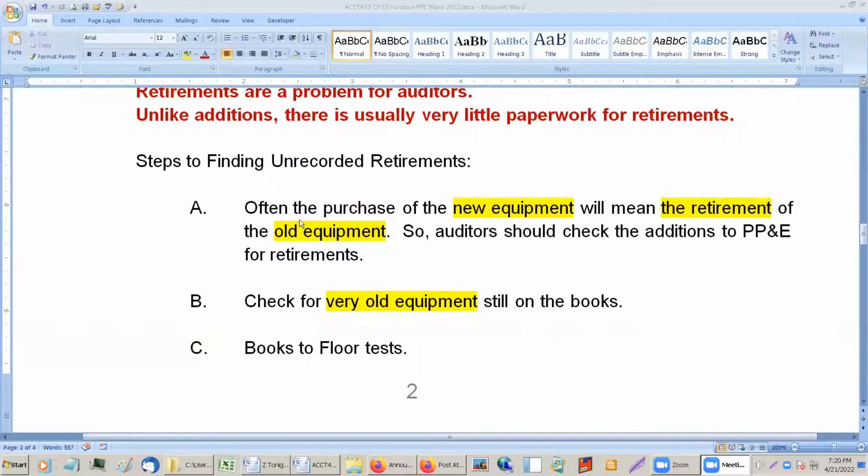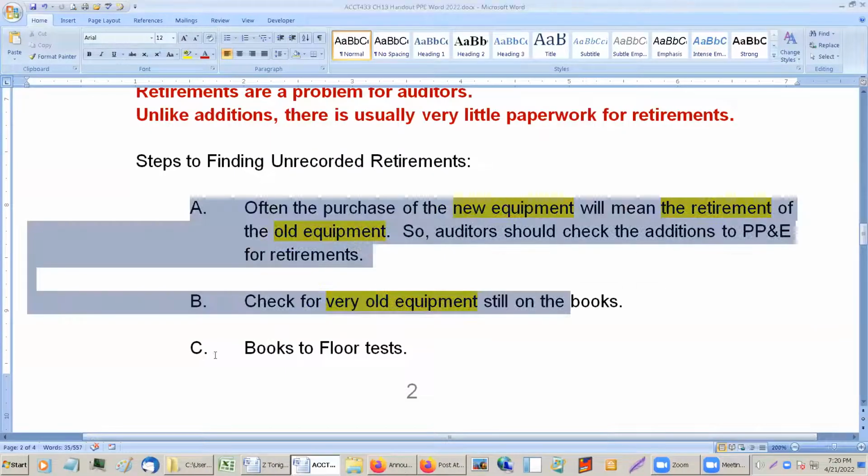So you get 15 tag numbers, go on the floor and try to find them, and if you can't, you ask somebody to help you find them. If you can't find them anywhere, it's probably that they're gone. So book to floor is also how you find things that have been retired but are still on the books.